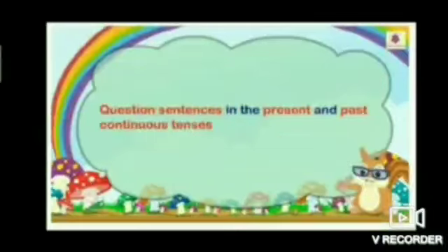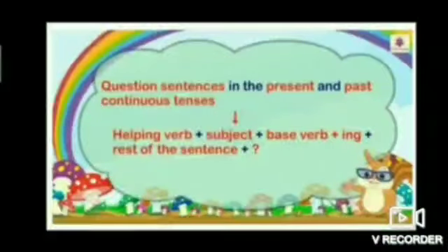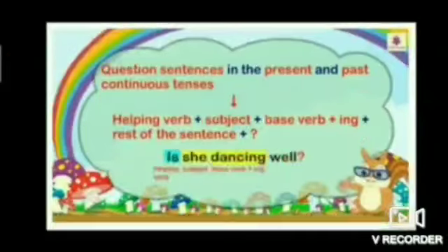In order to form question sentences in the present and past continuous tenses, we use this pattern: helping verb plus subject plus base verb plus ing, plus rest of the sentence, plus question mark. For example, is she dancing well?